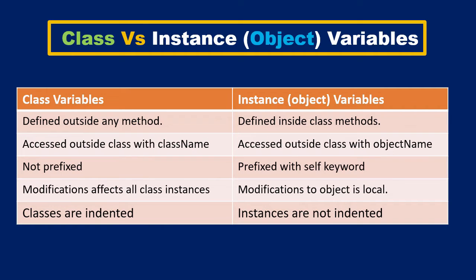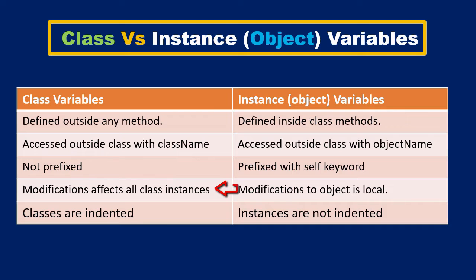Class variables can be accessed outside the class just by calling the name of the class, while object variables can be accessed outside of the class by using the object name. The class variables are not prefixed. The instance variables are prefixed with the self keyword.